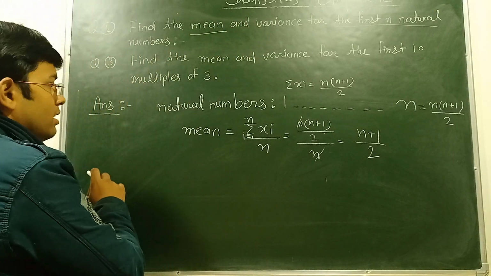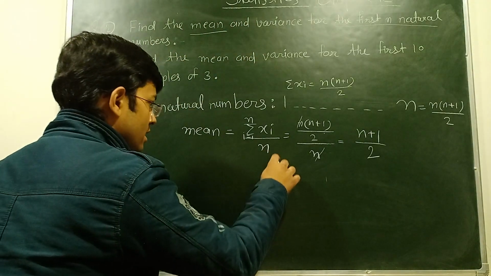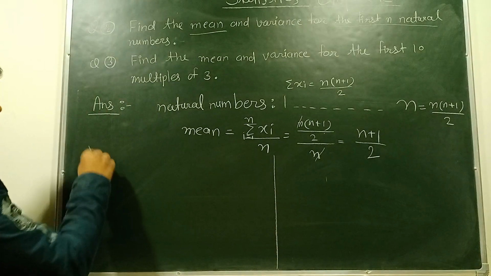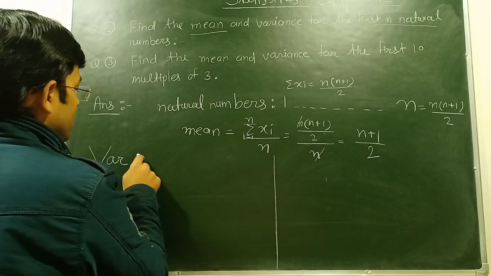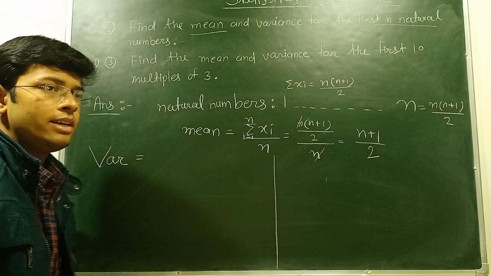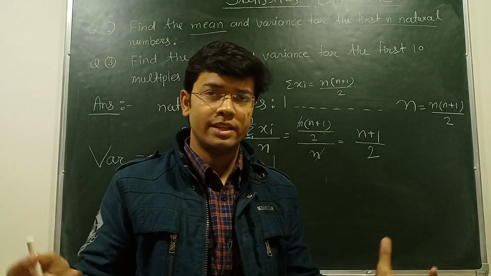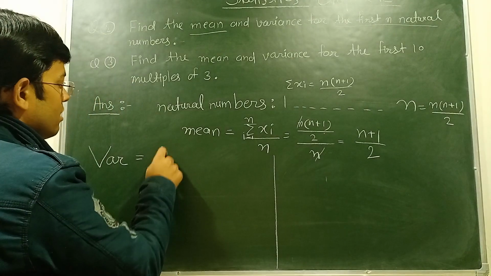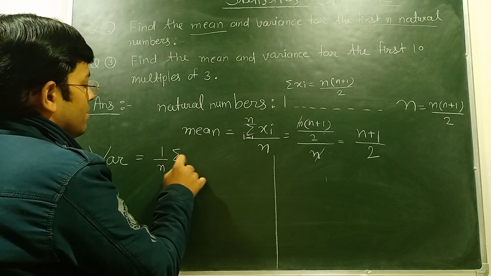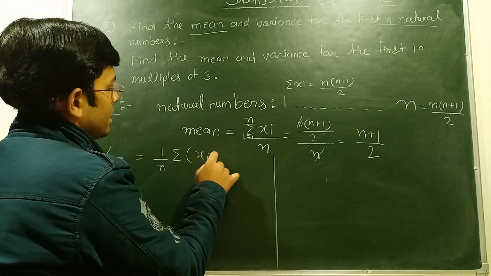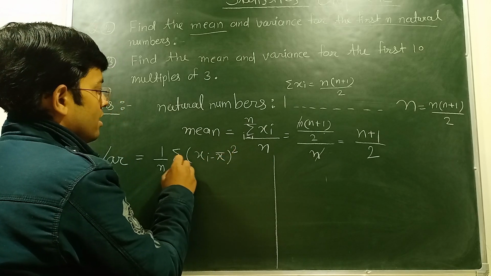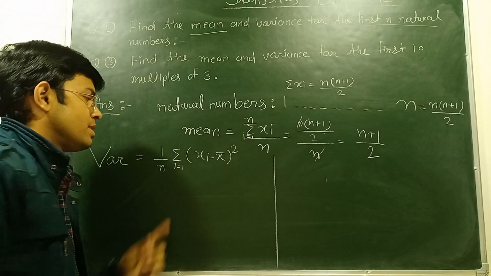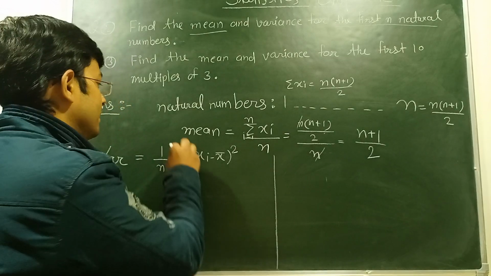This term is very large. So, the variance of the first n natural numbers: how can we find the variance? The variance formula is 1 by n sigma xi minus x bar, to the whole square, and the terms are 1 to n.